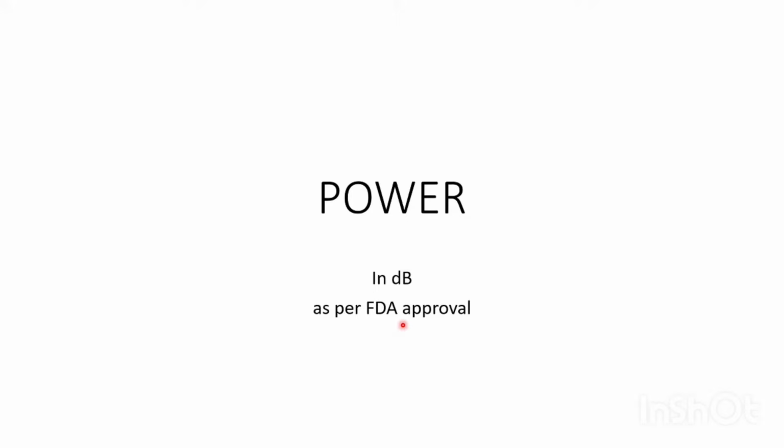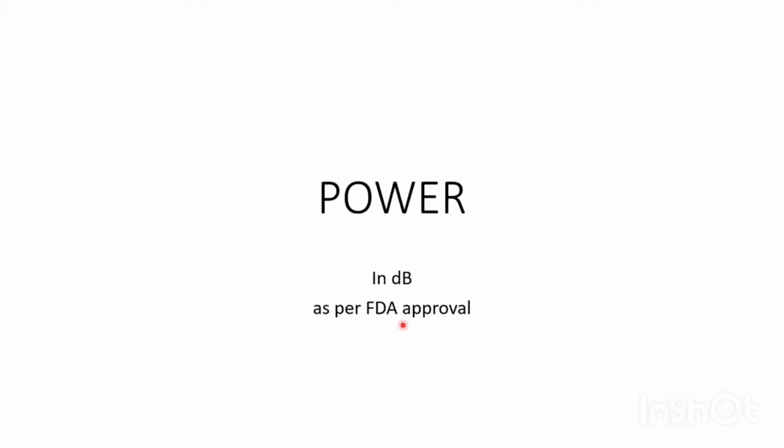Next is coming to power. Power is like the strength of the ultrasound signal which you are giving from the ultrasound probe. It is expressed in decibels, and the power is like whether you are using the maximum power or not. And the power setting is limited by the FDA approval, because based on certain standards, the manufacturers are not supposed to put power beyond their rated limit into their machines.